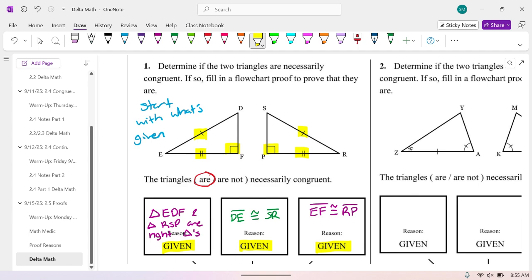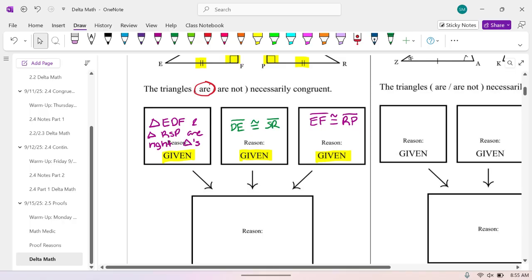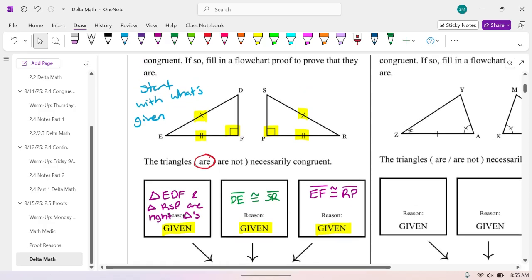Now, this one's pretty easy because based off of that information, we can already claim that the triangles are congruent. So we can say that triangle EDF is congruent to triangle RSP. Now, what postulate tells us that these two are congruent? So they're right triangles.